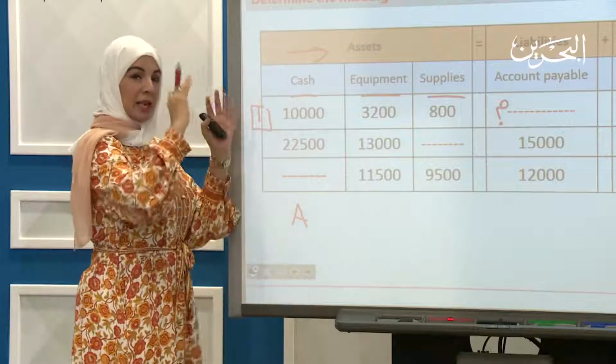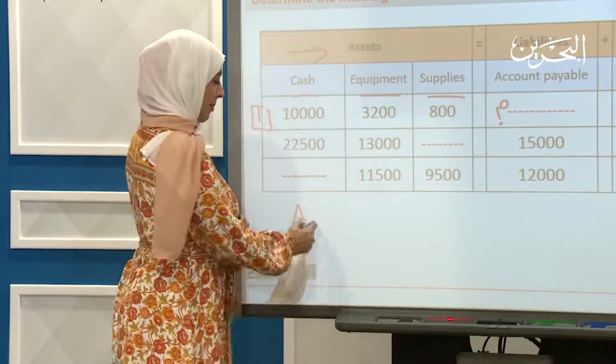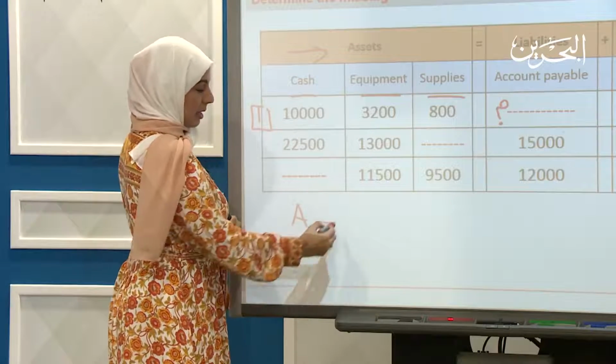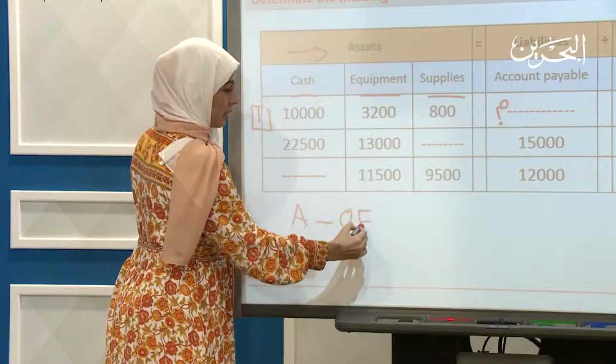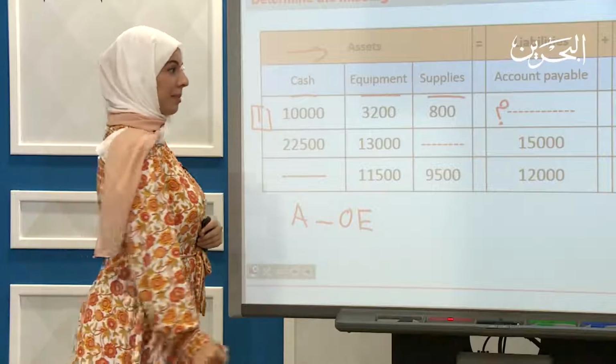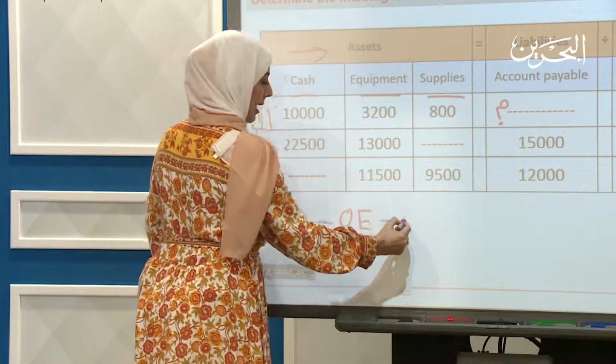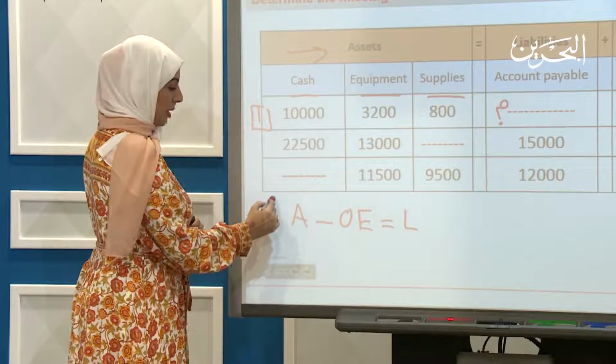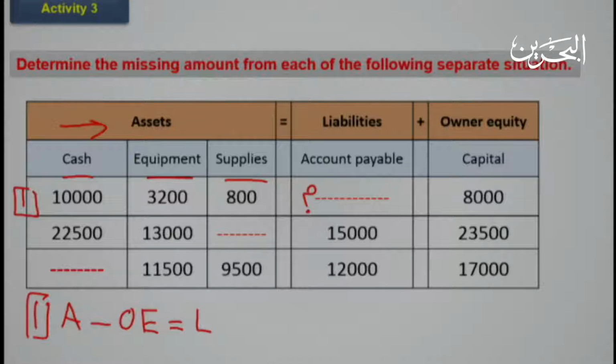I take the total of assets and subtract the owner's equity from it, which is 8,000, and I will get the liability. This is for the first equation.